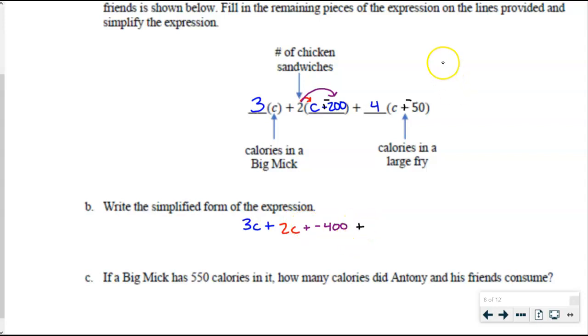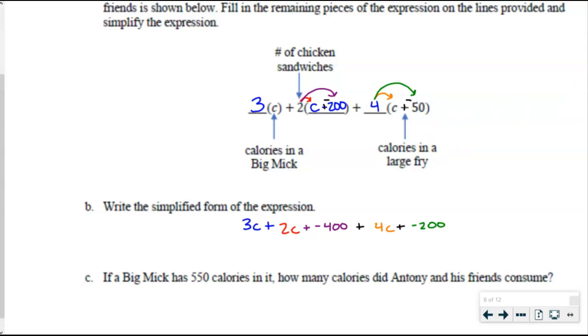Plus, I have 4 groups of C. 4 groups of C is 4C, and 4 groups of negative 50 is negative 200. Just like we started off in our warm-up.